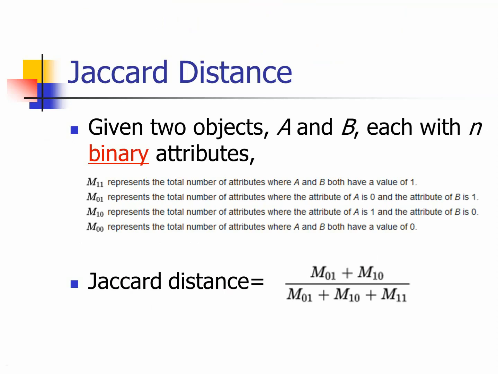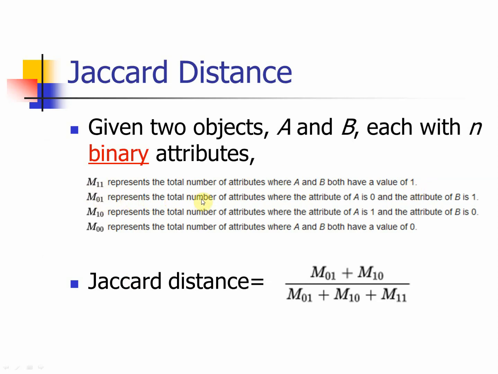In this slide, we use slightly different representations from the P, Q, R used previously. Here, M11 represents the total number of attributes where A and B both have a value of 1. This corresponds to the value of P in the previous slide.